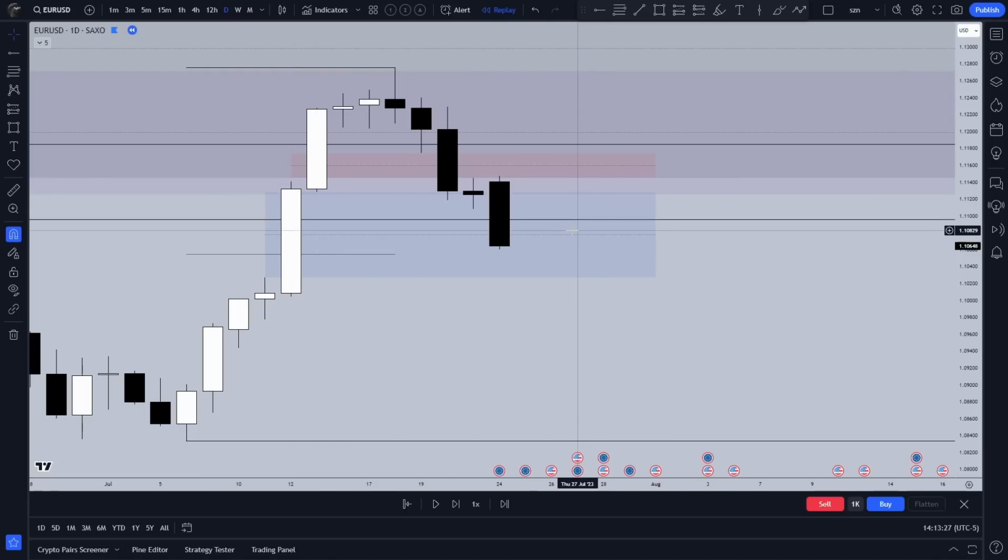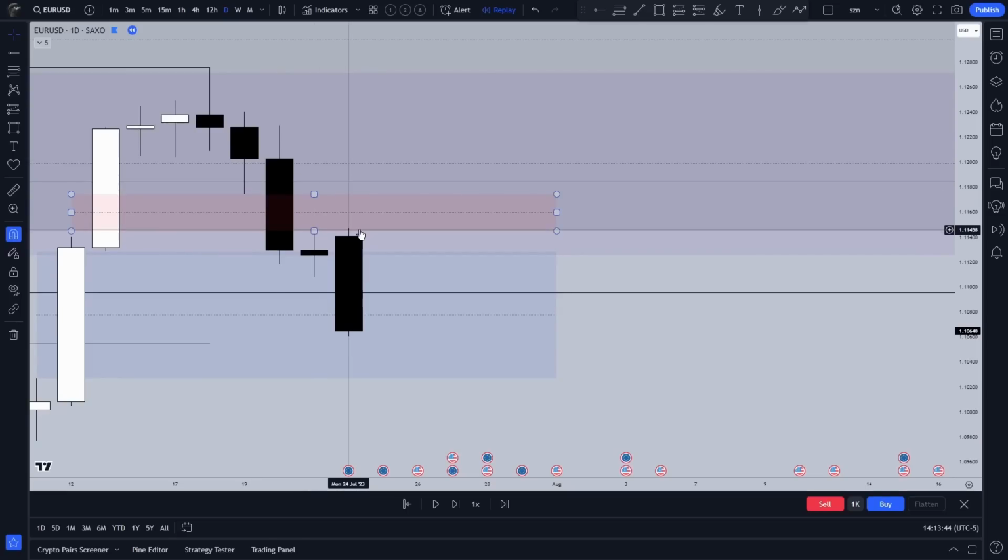In the same case for the bearish ones, you don't want to see price close above the mean threshold, and you want to see price reject already from the lower half of a bearish PD array. As you can see in this daily balanced price range, we only trade into the lower half of this daily balanced price range, and then we saw the rejection to the downside, right?